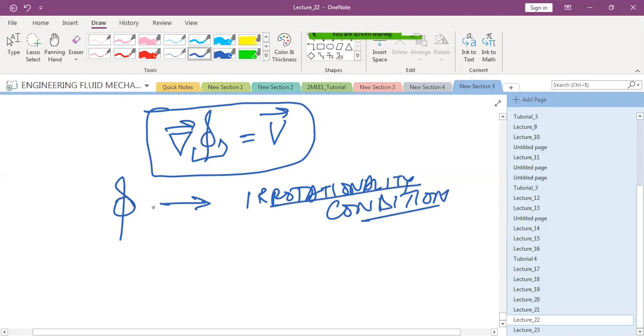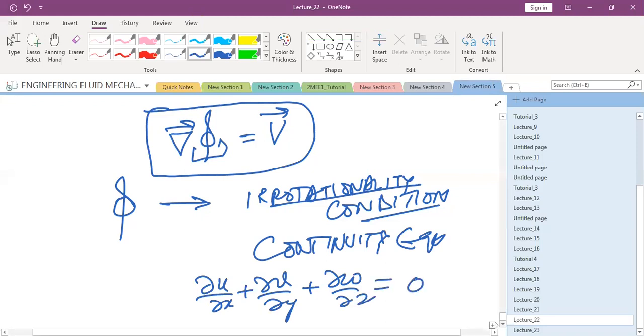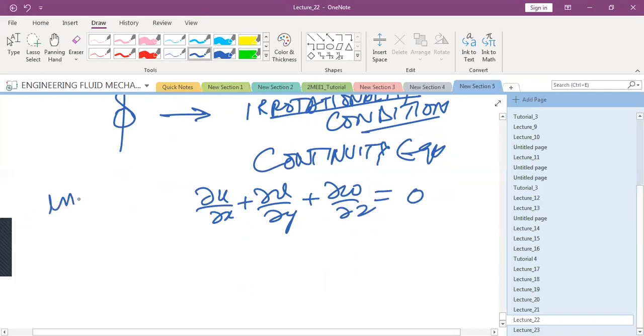Now this has been done to define phi. But what do we know? That phi should satisfy the continuity equation. What is the continuity equation? Curly u by curly x plus curly v by curly y plus curly w by curly z is equal to 0 for incompressible flow.